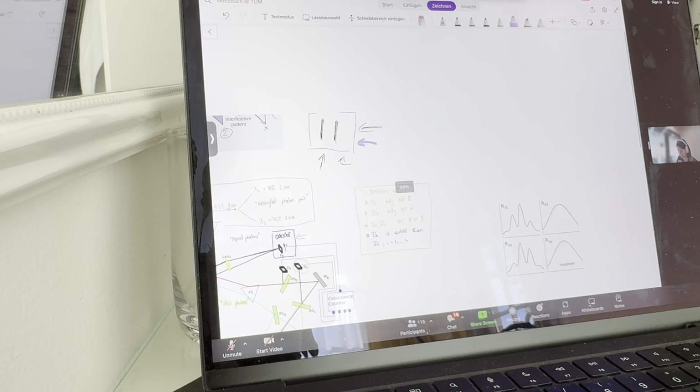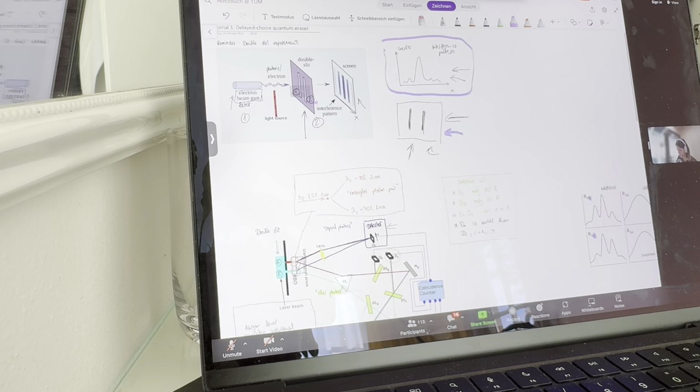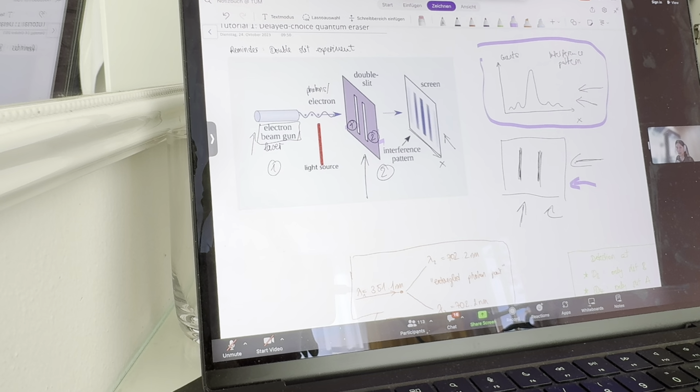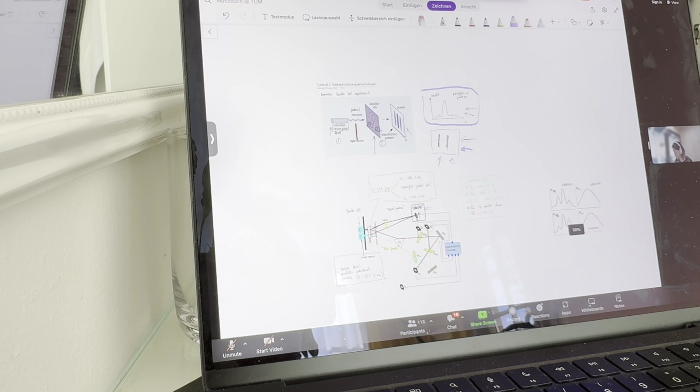It's just like in the double slit experiment when we see this interference pattern, as long as we don't have any information through which slit the photon went through.